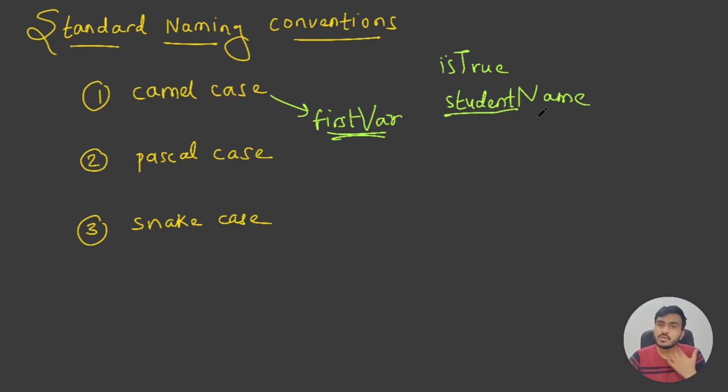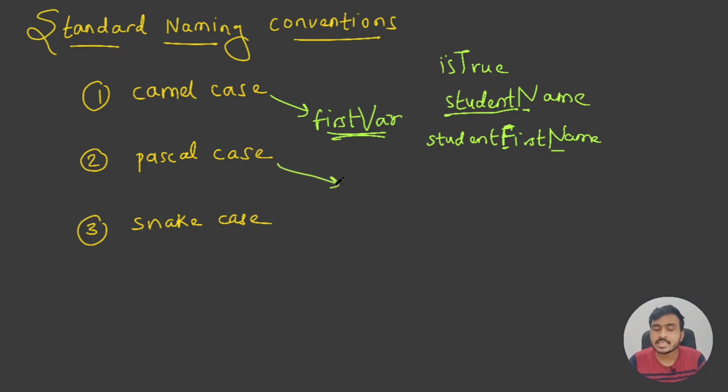Then from the second word onwards, the first character of the word is going to be capital. Let's say you have another variable name, student first name. How will you write it? You'll write it as student, all small, then first, where this F is capital, then name, where N is capital. So these two letters are capital. In this way you will write variable names in camel case.